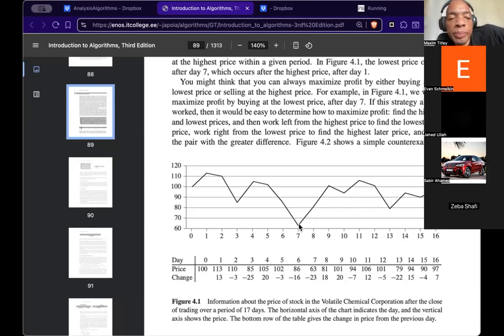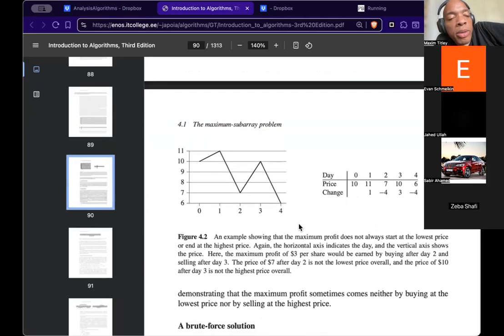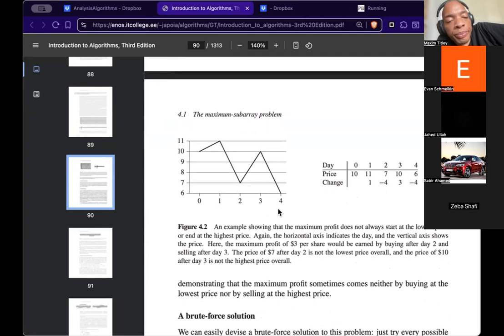So now, in this particular case, if that did work, then we could consider that to be some sort of an answer for us, right? Now, figure 4.2 shows us a counterexample for why that won't work. If we were to try to take the highest and the lowest, the highest here would only take us back 1 day.